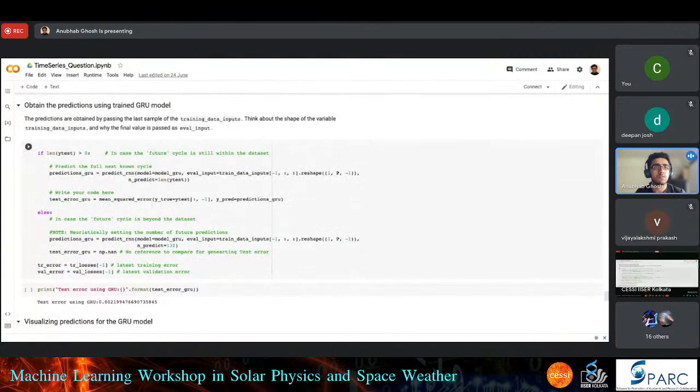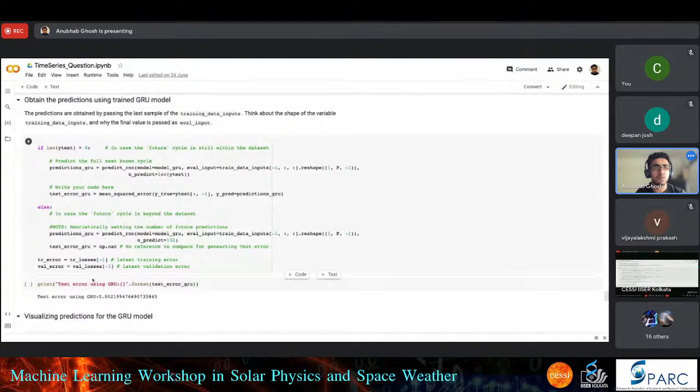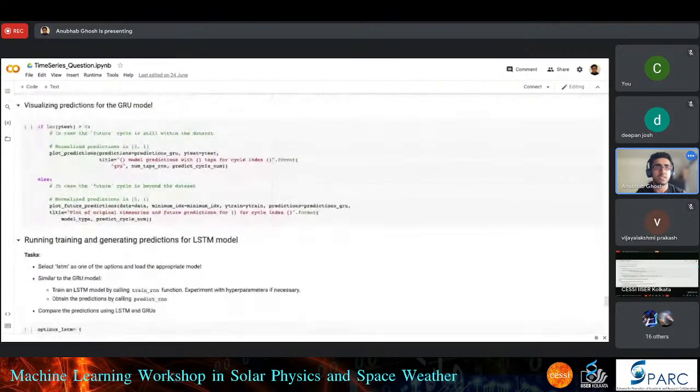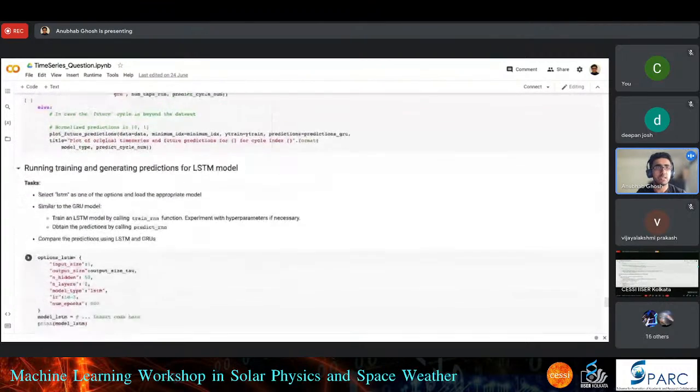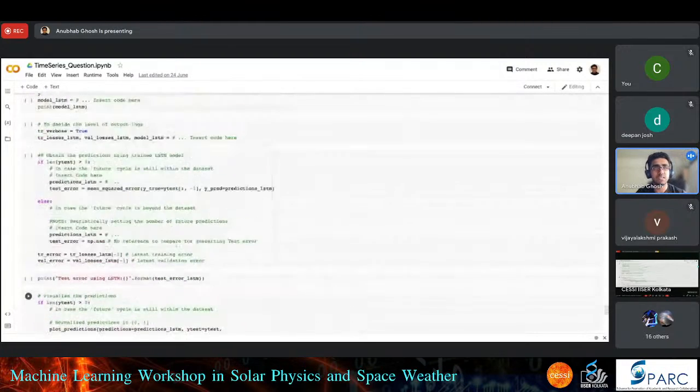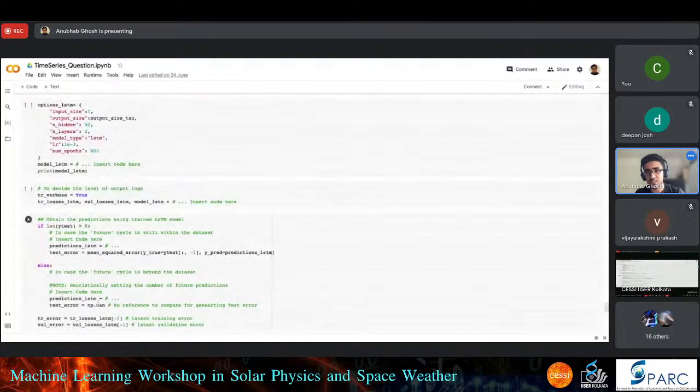And then you can obtain your predictions using a GRU model. You can also have a functionality to obtain a test error using a GRU, so you can see quantitatively in terms of MSE how good your estimate is, and you can visualize some predictions as well. I've also included an optional task to do this using the LSTM, but once you do it for the GRU, it's just a matter of choosing the LSTM mode.